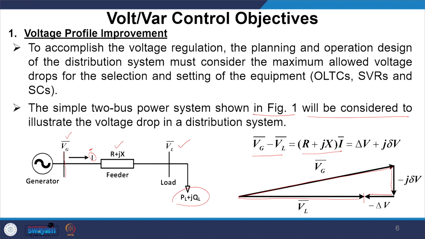Or in reverse, I can say VL plus the resistive drop, plus the reactive drop, and finally I get Vg. So the strong relationship between Vg and VL has been established in the above equation, but it is certain that the load voltage and the generation voltage are not necessarily the same.